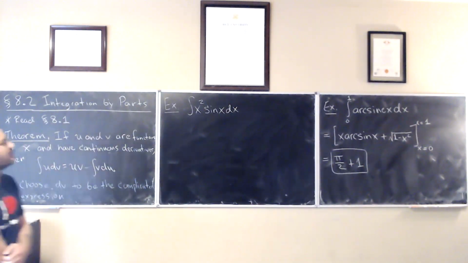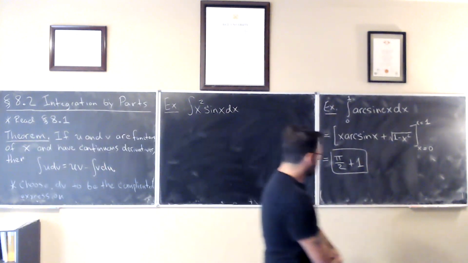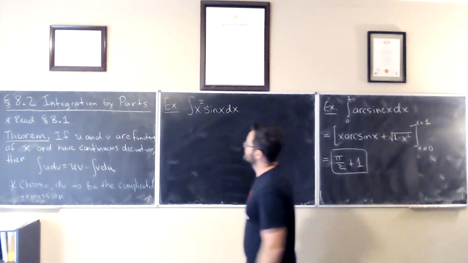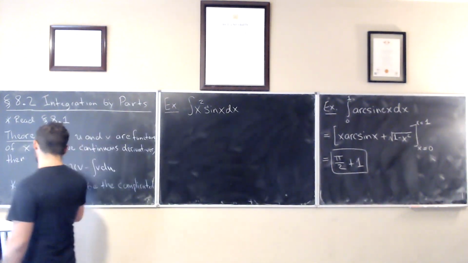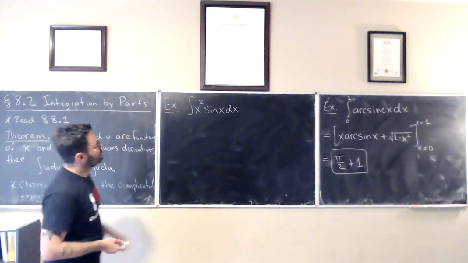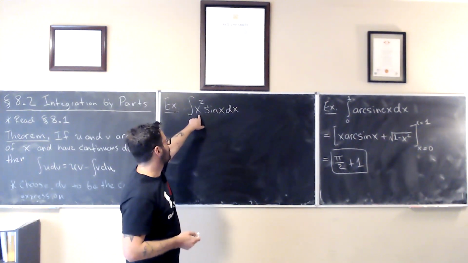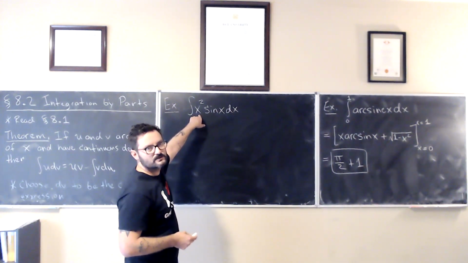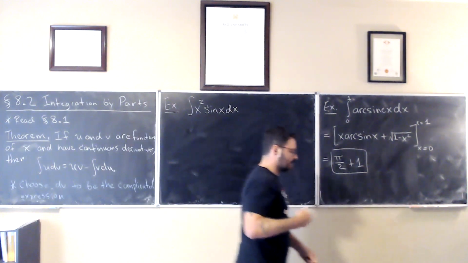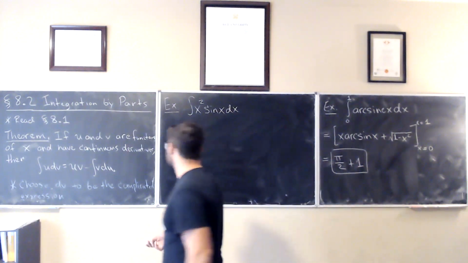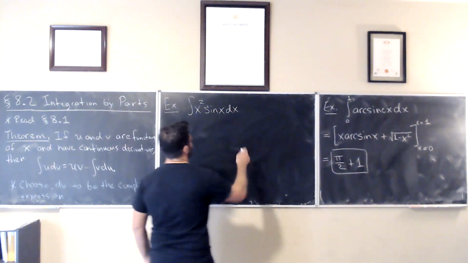Okay, so I guess the strategy is that if you choose your u appropriately here, and you're always taking derivatives of u, if you have something like a polynomial function in there, you let that be your u, and you just keep on taking derivatives, eventually it goes away. And you'll see that in this problem here.